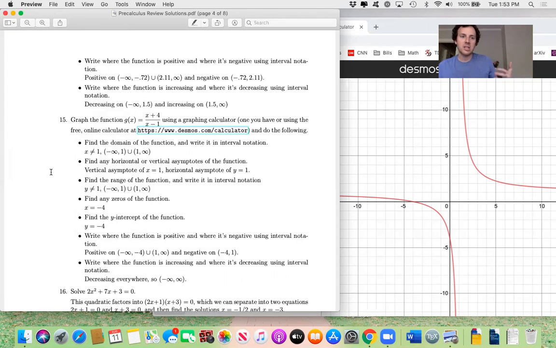So a lot of these words, especially the domain, the zeros, or the y-intercept, those are some that you might also want to find algebraically. As in, I can ask you to find those without the graph, but some of these are ones where, at least for right now, we really do need the graph.